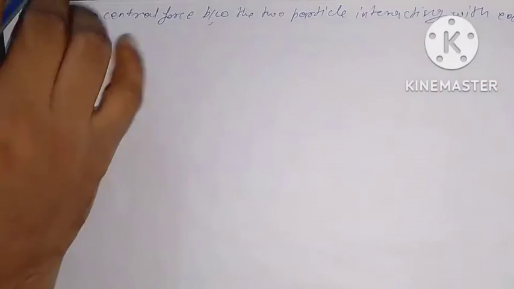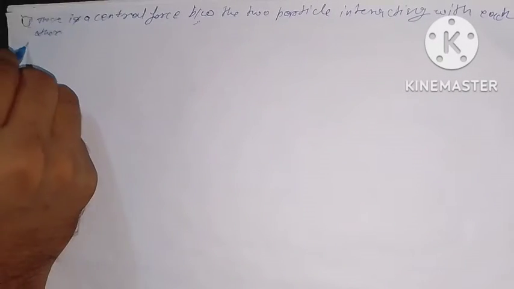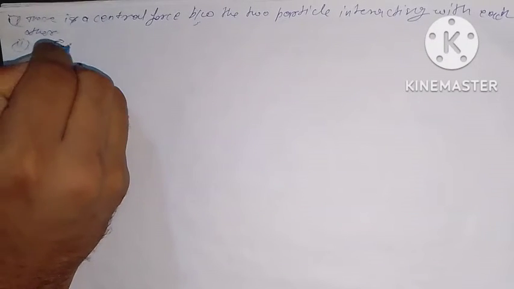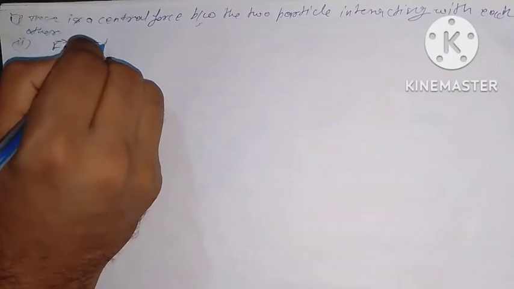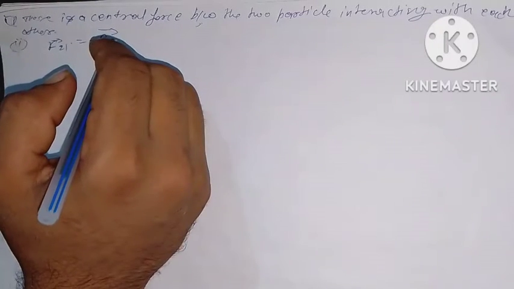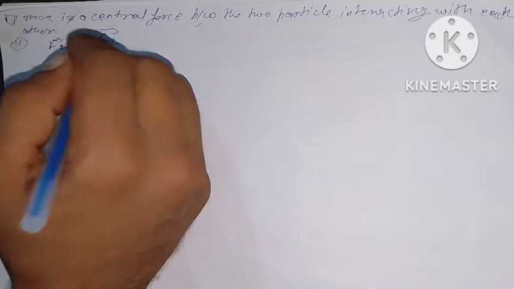Second, vector F21 equals minus vector F12, so Newton's third law of motion holds good.